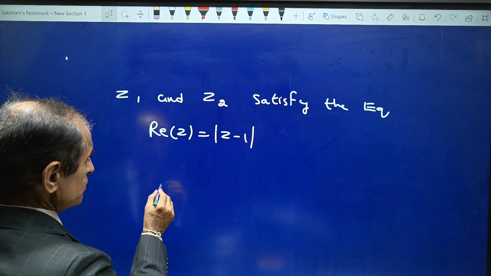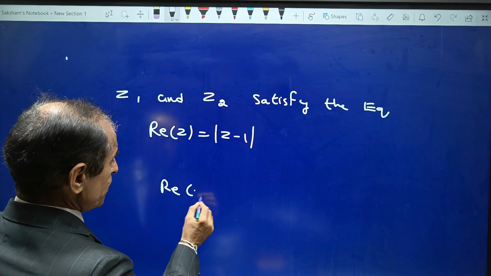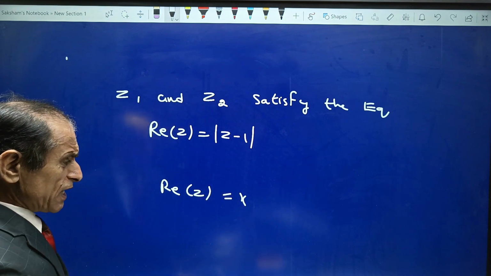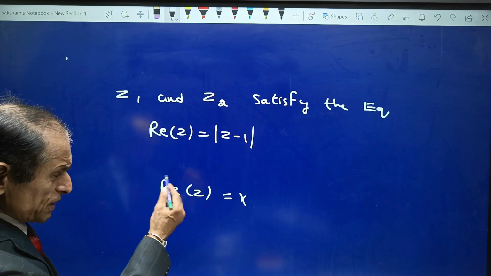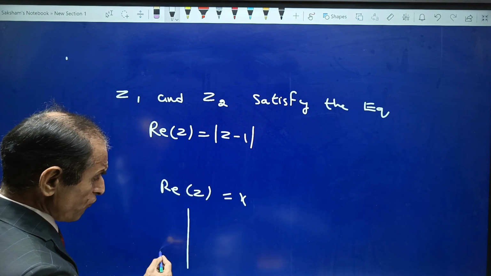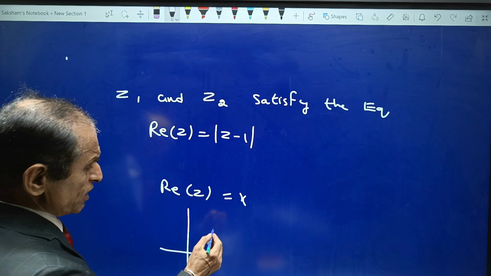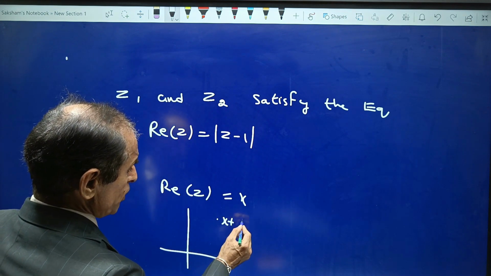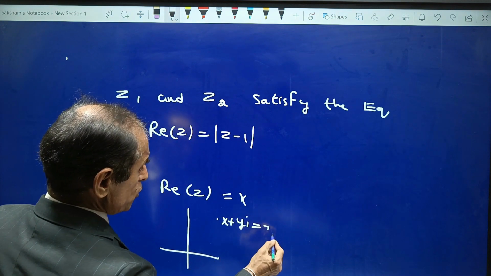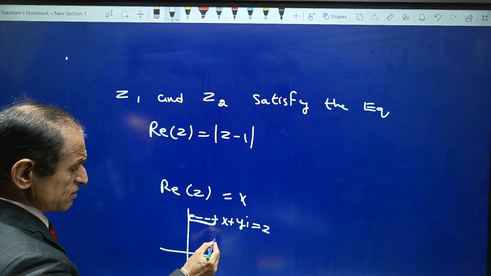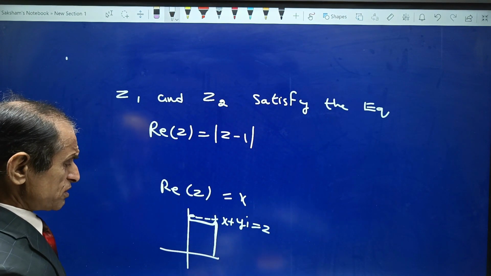Keeping in mind that real part of Z, that is equal to x if Z is x plus yi, represent the distance of Z from y-axis. That is, if this is the point x plus yi equal to Z, x is this much, y is this much.